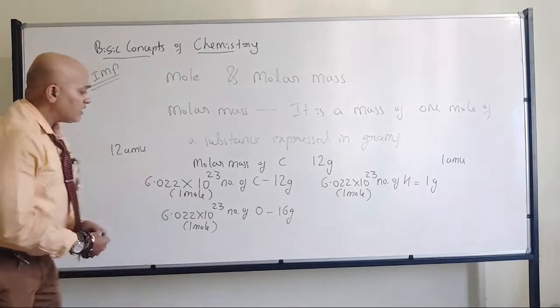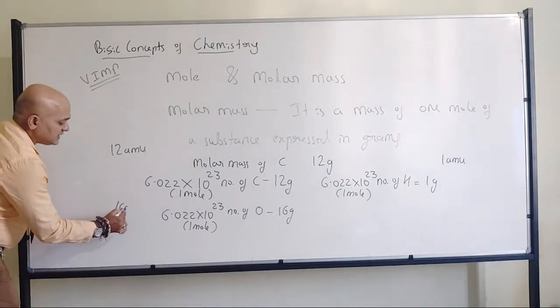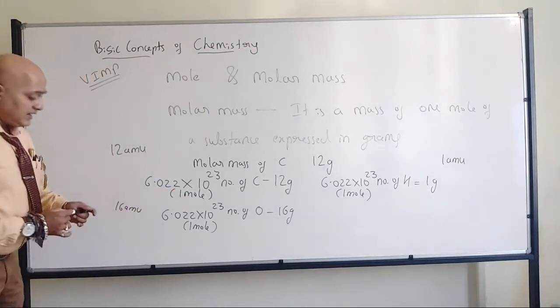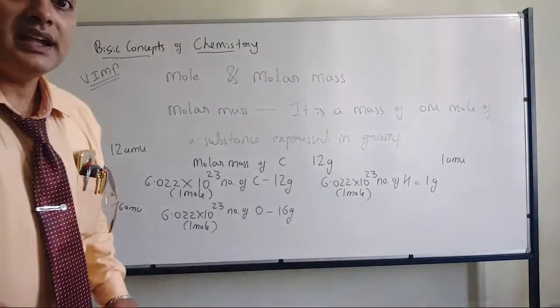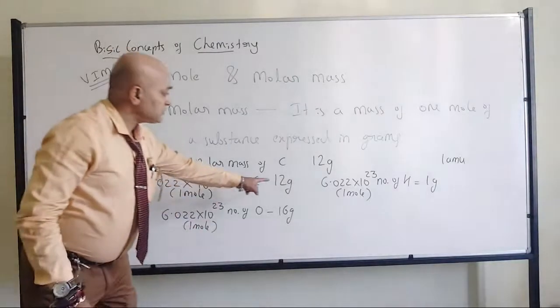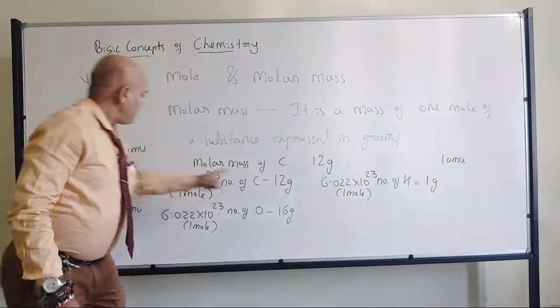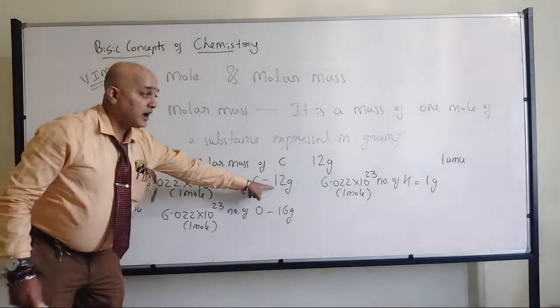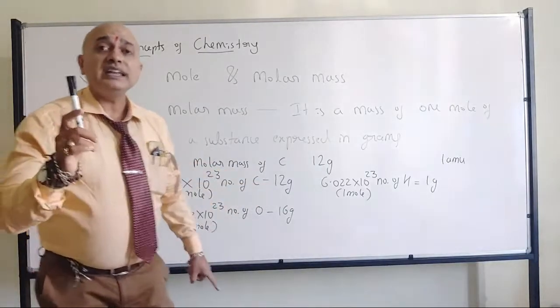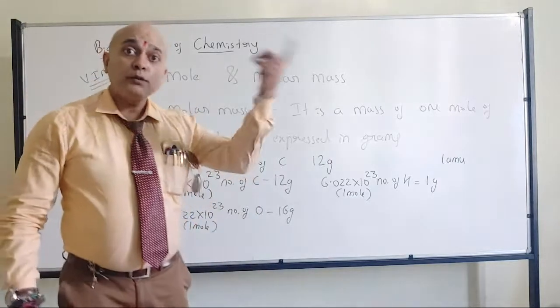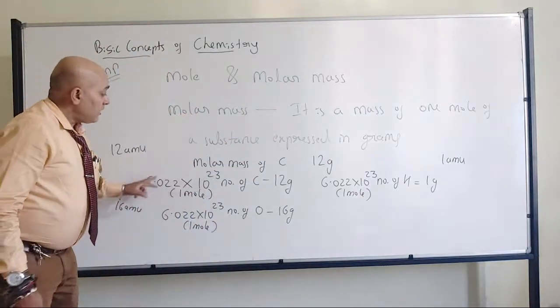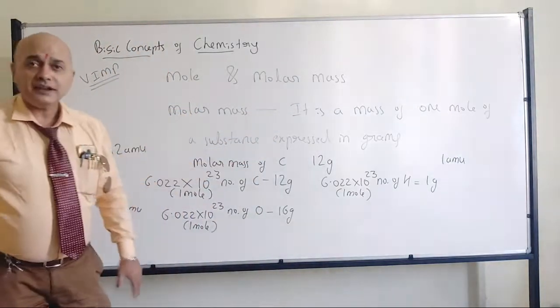If I take oxygen as 16 AMU, I am dealing with 1 oxygen atom. But if I express the same thing in terms of 12 gram, I am not dealing with 1 carbon atom. I am dealing with a group of carbon, that means Avogadro's number of carbon atoms.